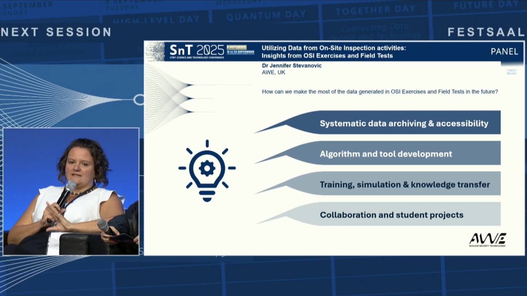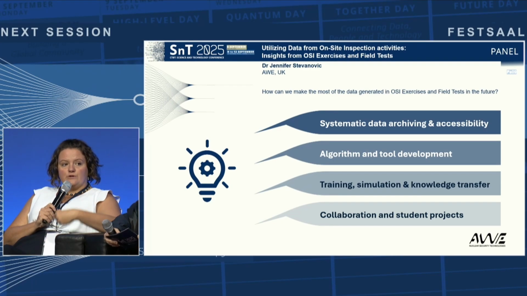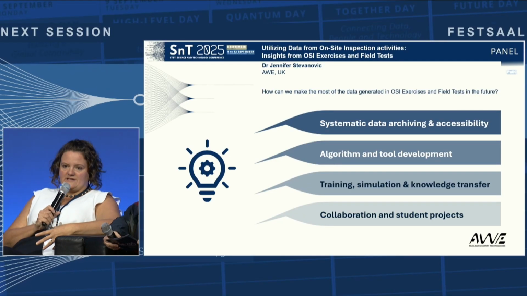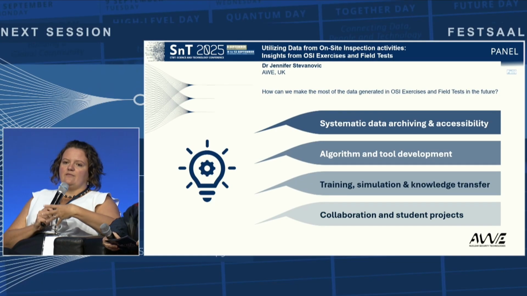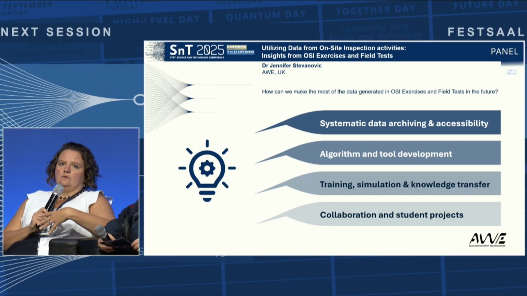So a systematic approach to data archiving, I think, is one way that we can really add value straight away. We can also use all of the data that we've collected, particularly because it was collected with our specific context in mind, to develop our tools and algorithms to make our lives in the field much easier and to make our experience more efficient.